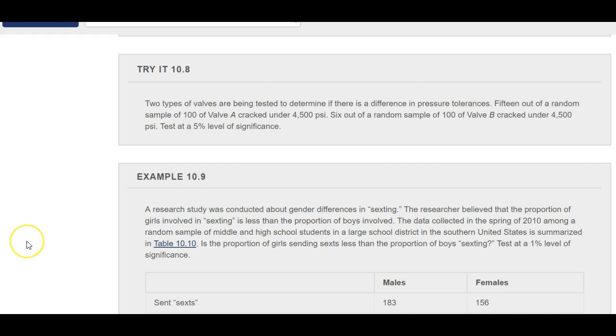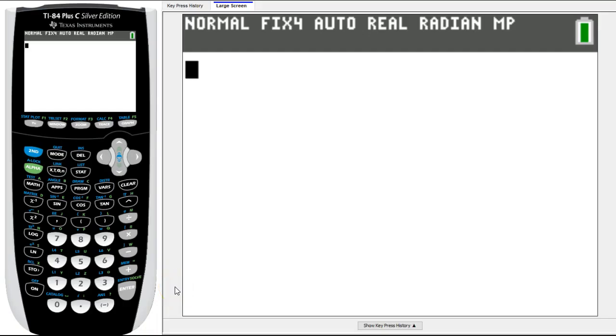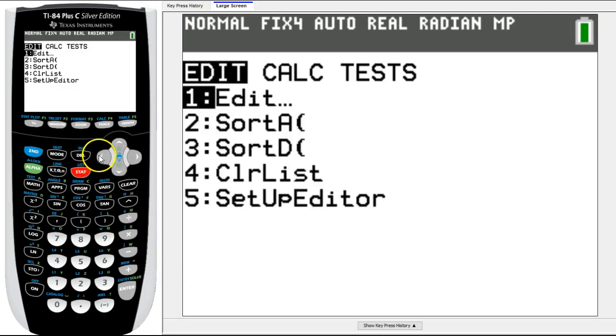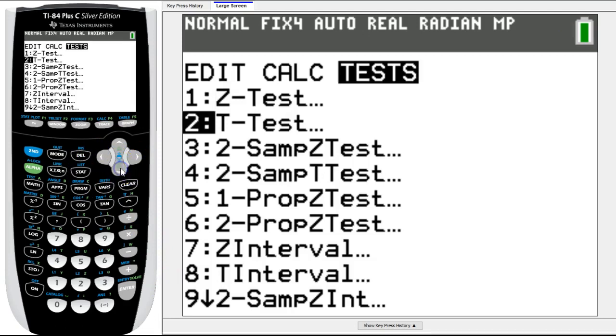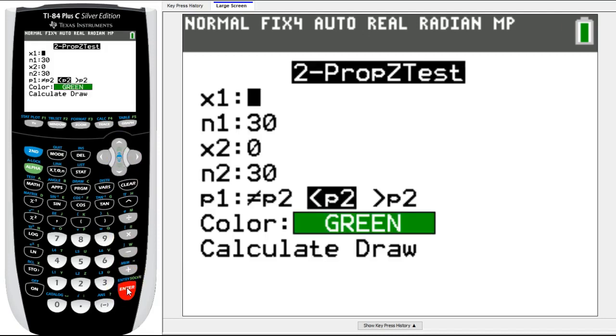So let me pop up the TI-84. All right, we need a z-test for proportion, and there are two samples. So let's run over to Stat, go over to our tests, go down to our 2 proportion z-test, number 6. All right, our x1 was, we had 15 out of 100, so our x1 is 15 out of 100.